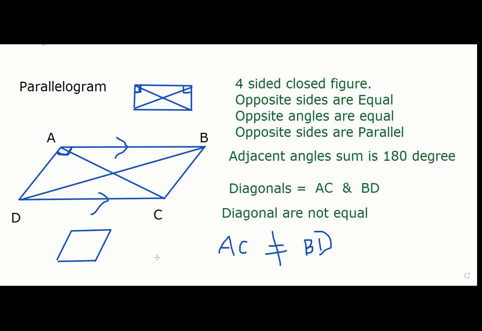All the sides are equal in length. Correct? You think like this: a rhombus is there, you stretch it, it becomes a parallelogram. In a rhombus, all the sides are equal in length. Correct, everybody? In a rhombus, opposite sides are equal, opposite angles are equal, opposite sides are parallel, adjacent angle sum is 180. The only difference is all the sides of a rhombus are equal. In a parallelogram, only opposite sides are equal.